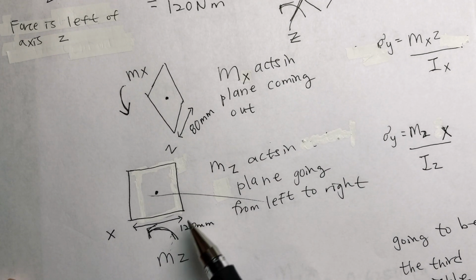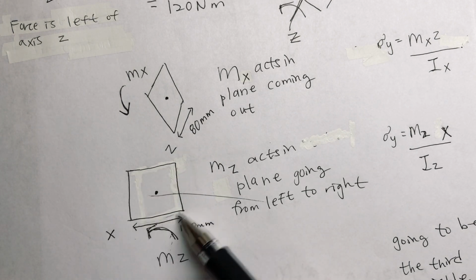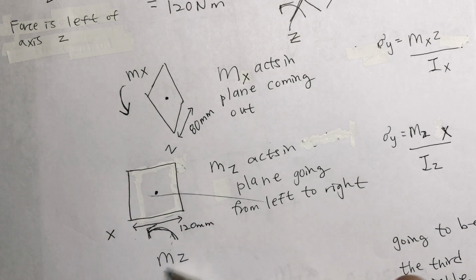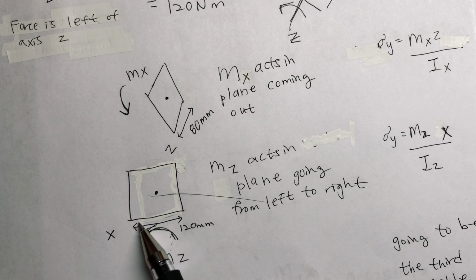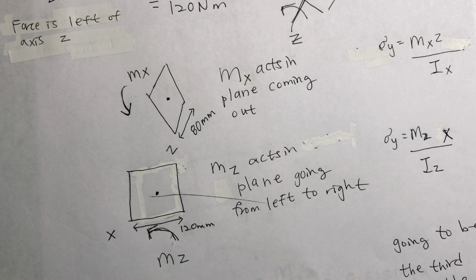This mz is acting in a plane going left and right. It's this x plane. You're concerned with this x number right here.